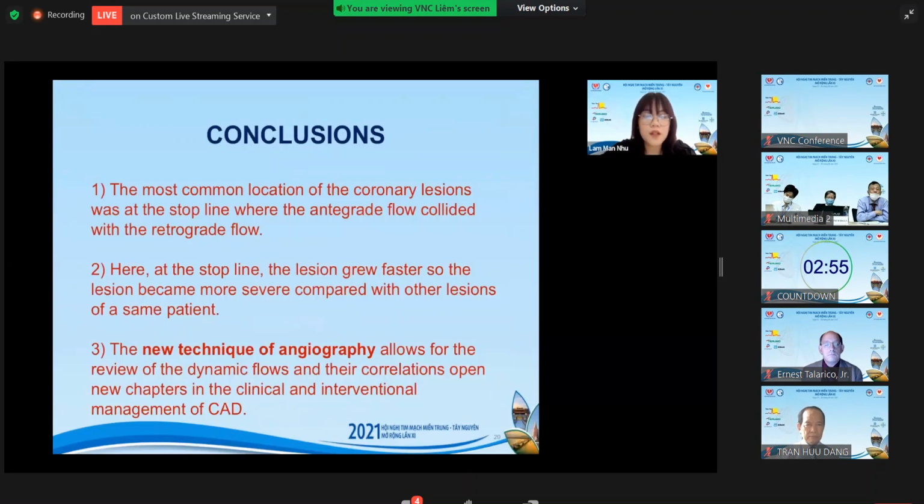Finally, may I remind you of the main points we've considered. 1. The most common location of the coronary lesions was at the stop line, where the antegrade flow collided with the retrograde flow. 2. At the stop line, the lesions grew faster, so the lesions became more severe compared with other lesions of the same patient. 3.